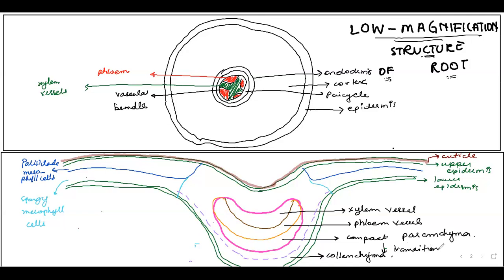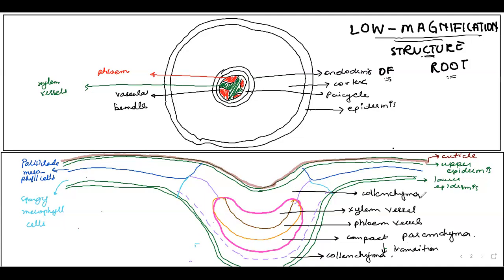Now, at the very top of this xylem vessel and at the very top of the phloem vessels, again we will have the collenchyma cells. So you will have collenchyma cells at the bottom as well as the top.